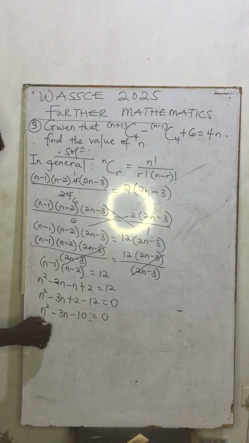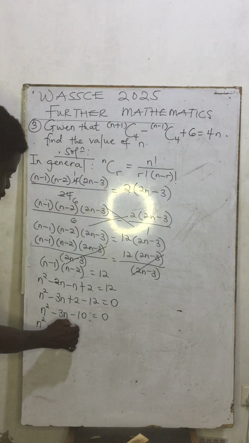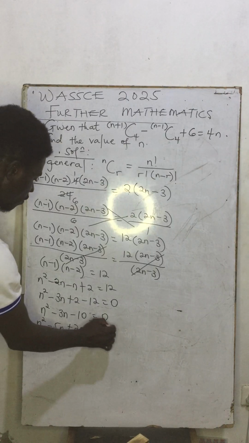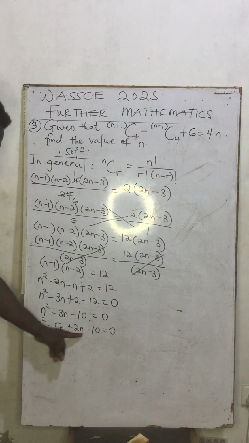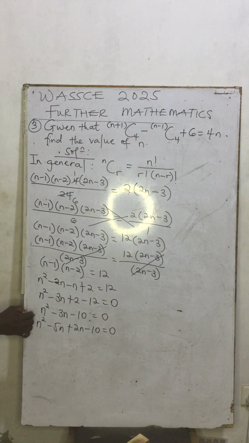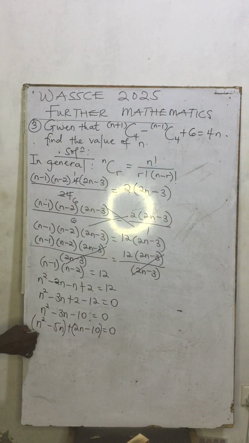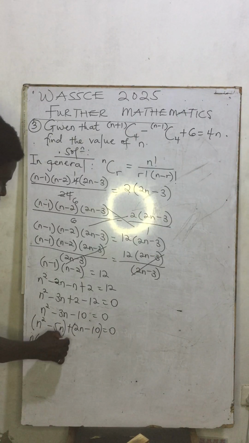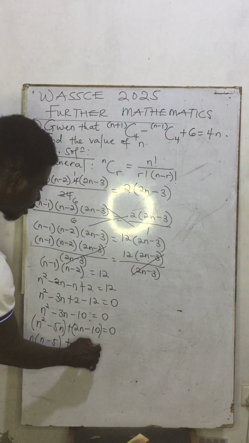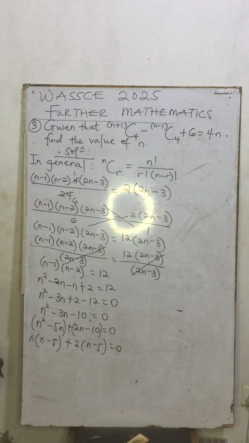So we need n squared minus 5n plus 2n minus 10 is equal to 0. Negative 5n plus 2n is just negative 3n. We introduce brackets for this. So we factorize n out, n minus 5, plus 2 out, n minus 5 equals 0.